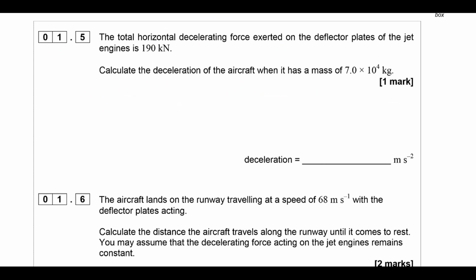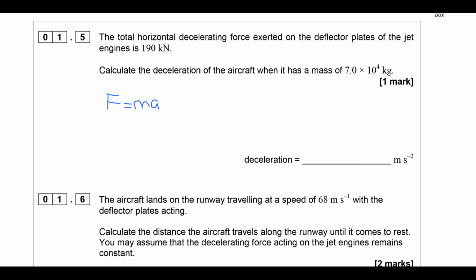The total horizontal decelerating force from the deflector plates is 190 kilonewtons. Calculate the deceleration of the aircraft when its mass is 7.0 times 10 to the 4 kilograms. So effectively we're going to be using F equals ma.